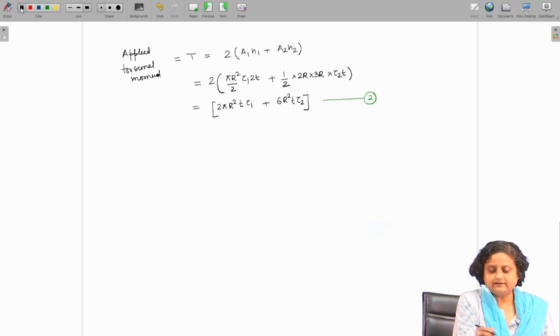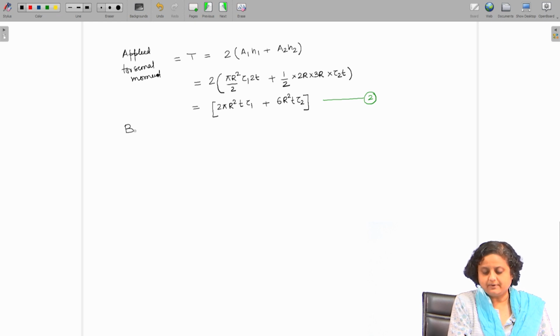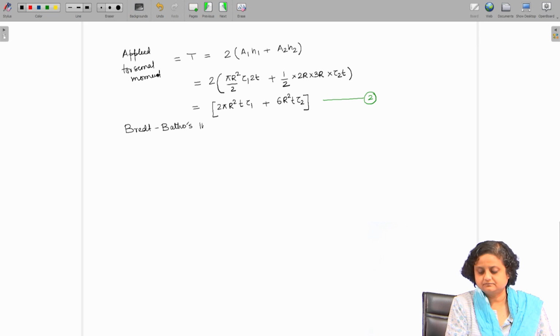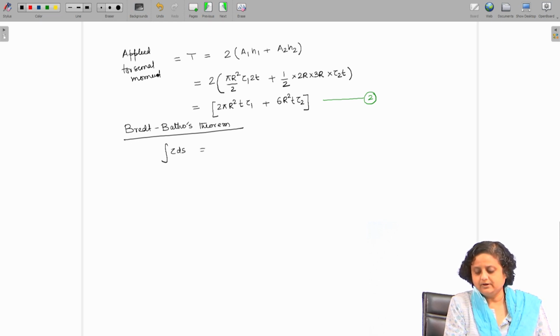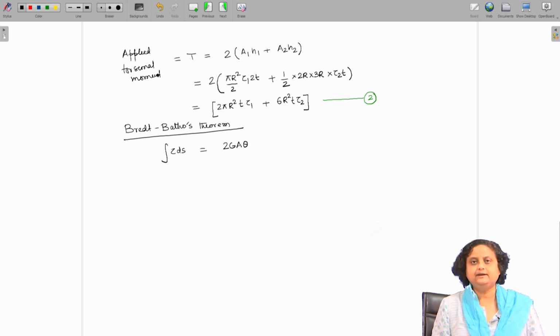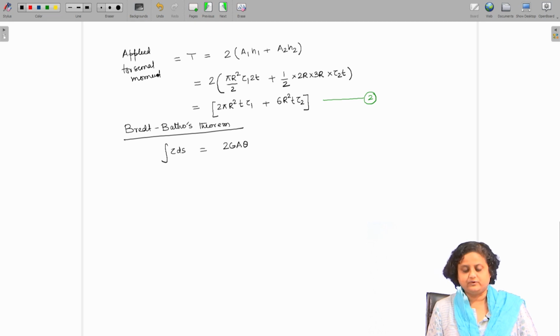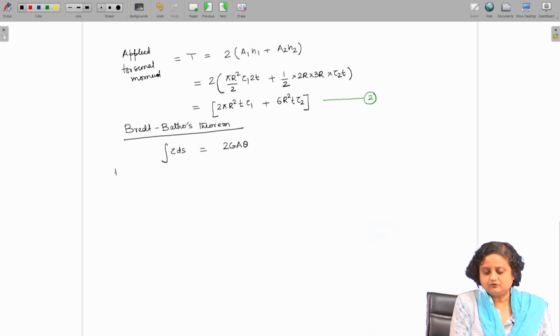Now, the next thing that we have to do is to apply the Bredt-Batho theorem, which states that the line integral of tau ds is going to be 2 G A into theta, where theta is the rate of angle of twist. Now, let us apply this for cell 1.